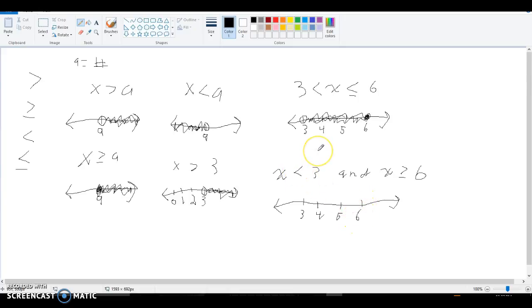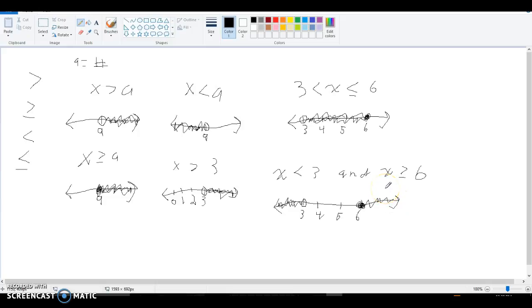So we want to take each separate inequality one by one and find them on the number line. So we have x is less than 3. We found 3. Put an open circle and shade everything less than. Then we want to look for 6, and x is greater than or equal to 6. So we're going to put a closed circle on 6 and shade everything bigger.